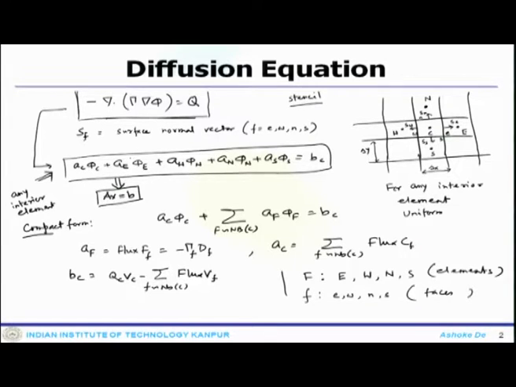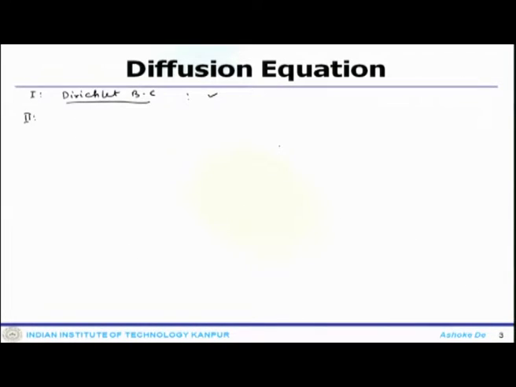At the same time, some terms will appear in the source term due to the specified variable. Similarly, if the boundary face is north, the north contribution goes off. If it is at the west, the AW phi W goes off. If it is the south, AS phi S goes off. That is how for a Dirichlet boundary condition one can arrive at the cell equation.